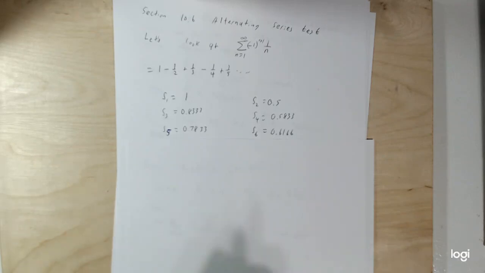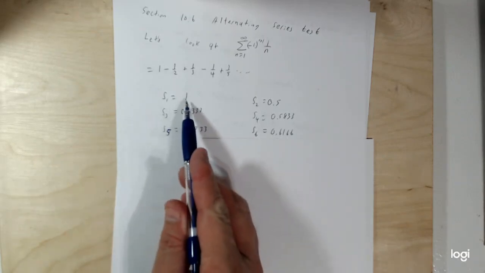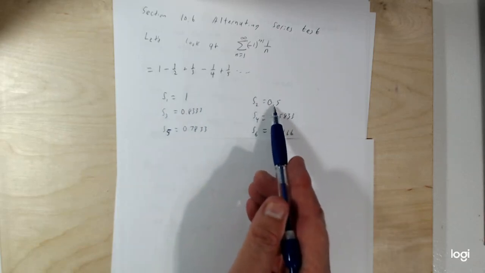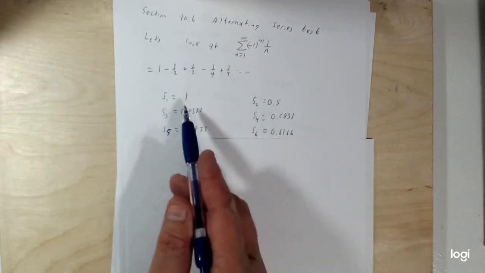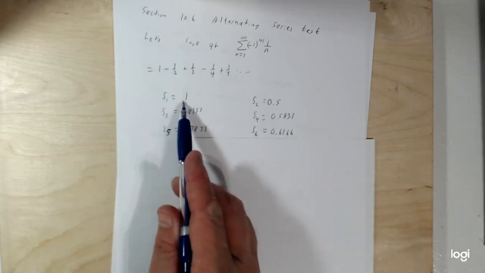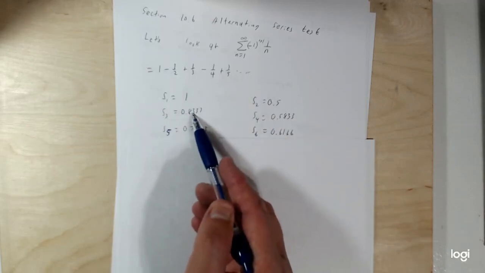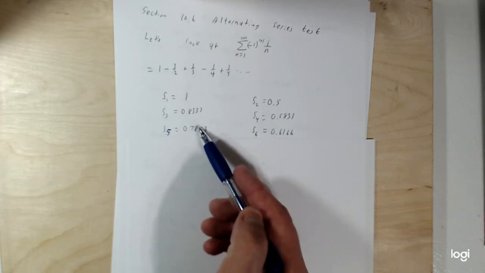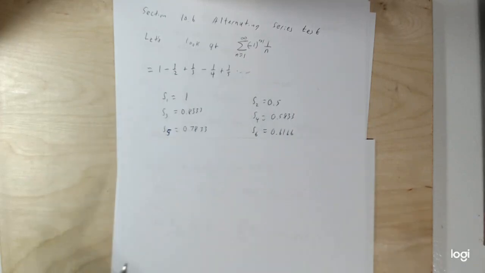Notice each time you go down, we went down by a half, but only back up by a third. So each time we trade directions, we're not going as far in this one. We went down a half, up a third, down a quarter, up a fifth, down a sixth. So each time it's moving back and forth, it's doing so by less.